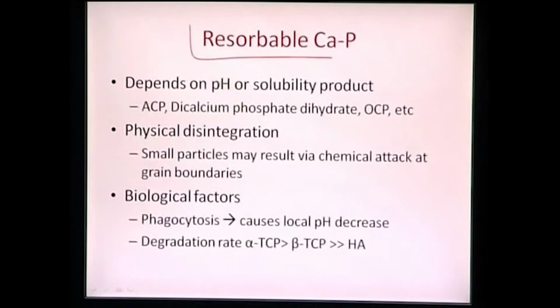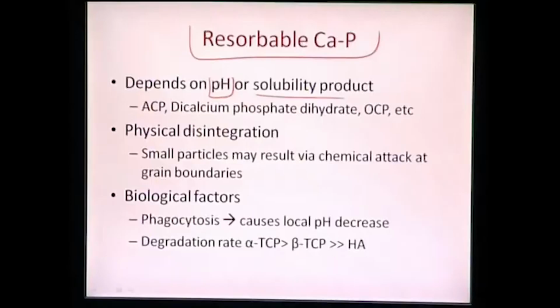Again, for the resorbable calcium phosphate, we saw that it depends on the pH. As soon as pH is much higher, we start seeing much more solubility of calcium phosphate. So it also depends on the pH or the solubility product, and it can also have amorphous calcium phosphate, dicalcium phosphate, or even octacalcium phosphate, and there can also be physical disintegration, because small particles get attacked chemically, and that chemical activity occurs more at the grain boundary.